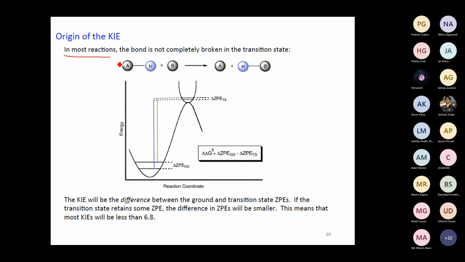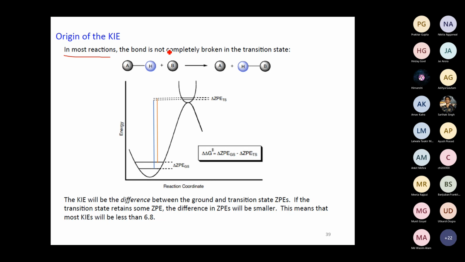It doesn't matter whether it is SN1, SN2 or any other kind of reaction. For most cases the bond is not completely broken; it is undergoing cleavage, being broken in the rate determining step.